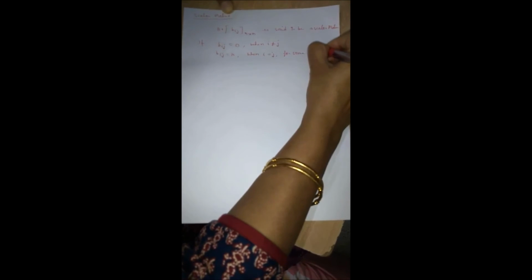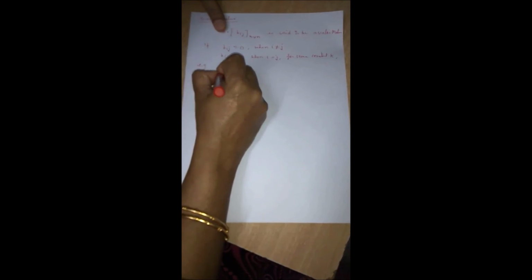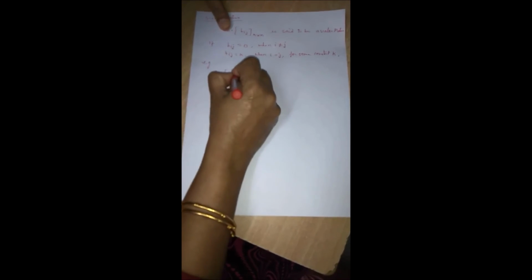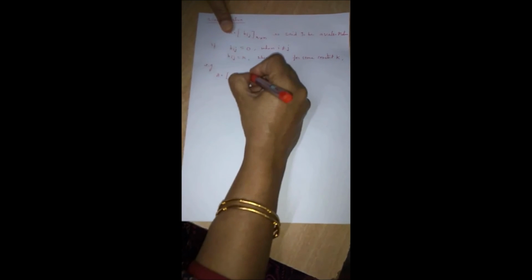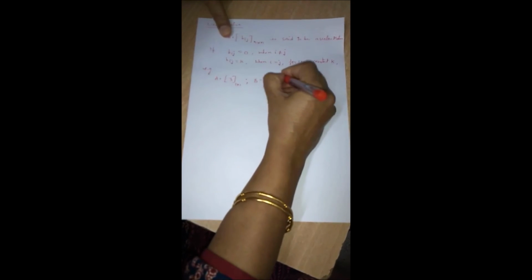Now, for example, we have a matrix A which is equal to 3, as it is a 1 by 1 matrix. Also B with -1 0 0 -1.